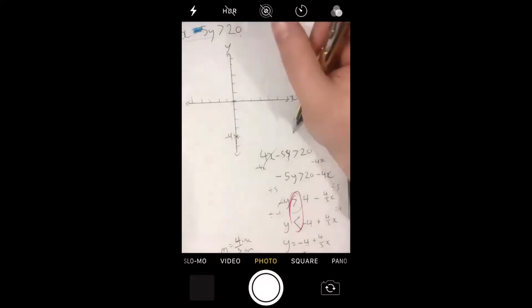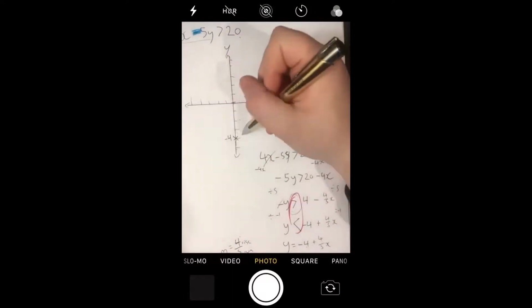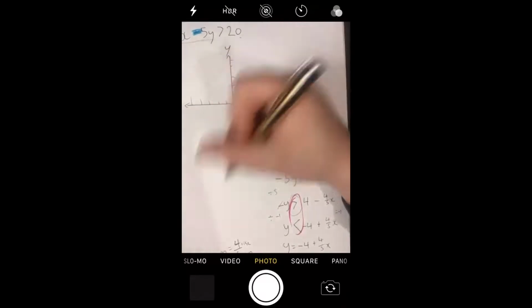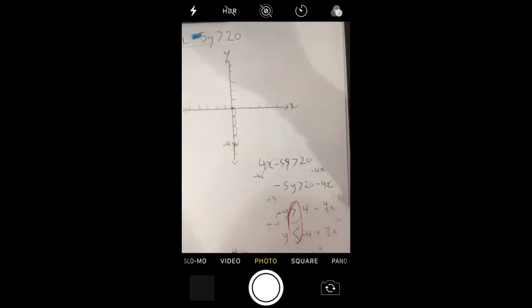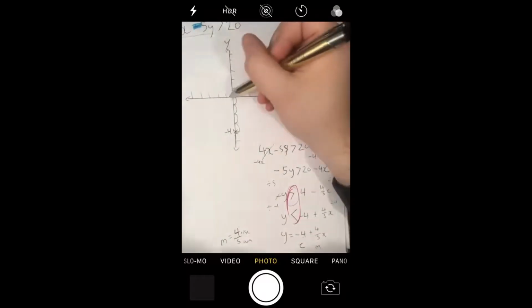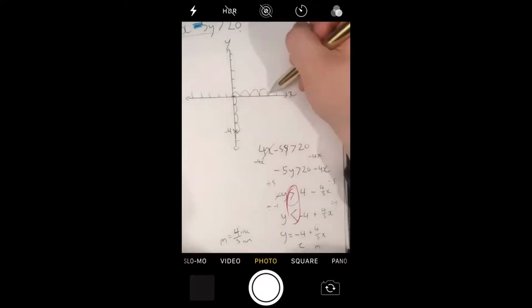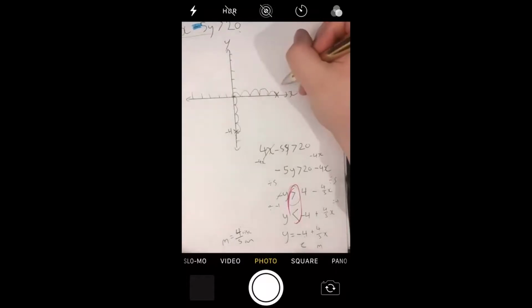Now my gradient is 4 over 5, so it's got a rise of 4: 1, 2, 3, 4, and then a run of 5: 1, 2, 3, 4, 5. That point there is going to be 5, 0.